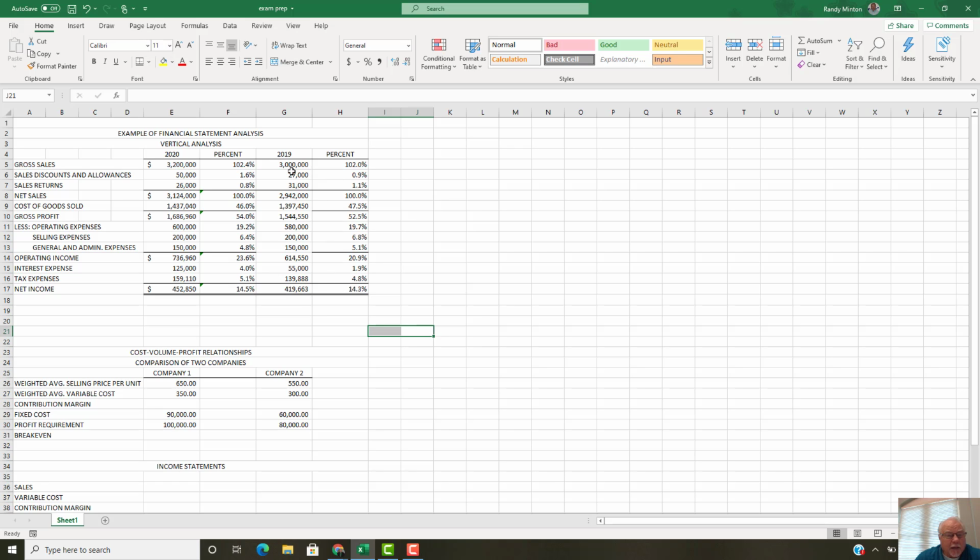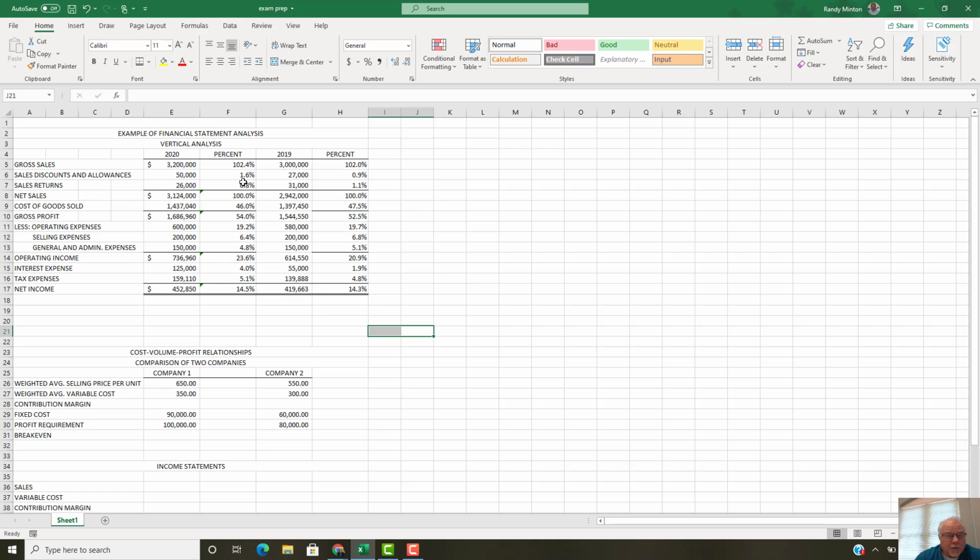So I'm going to be looking at 2019 versus 2020, and I'm just going to be looking at my percentages going forward. So I did a little bit better on sales. I did worse on sales discounts and allowances. In other words, these represent allowances that I had to give for substandard product, or they represent discounts that I gave to make sure I can move the product out.